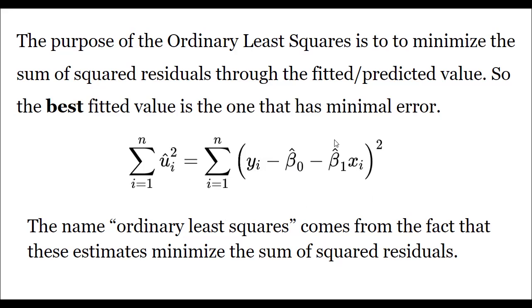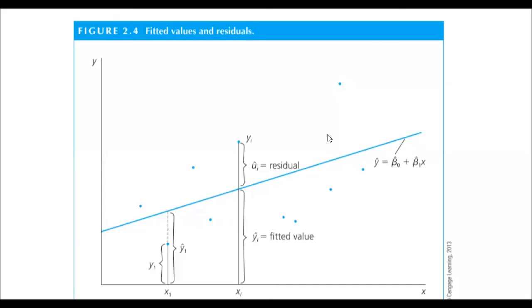And the name ordinary least squares comes from the fact that these estimates minimize the sum of squared residuals. So if we look at this graph, we can see that there are various data points here, as in the blue dots. These are the actual values of yi. And if we fit a line through that, we will get the predicted value or the fitted value for these data points.